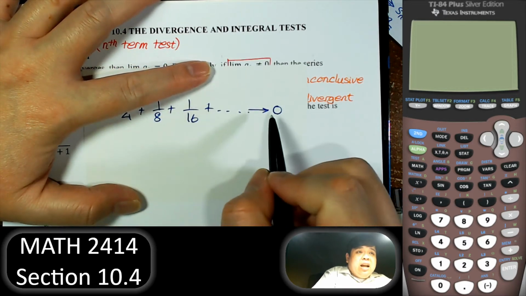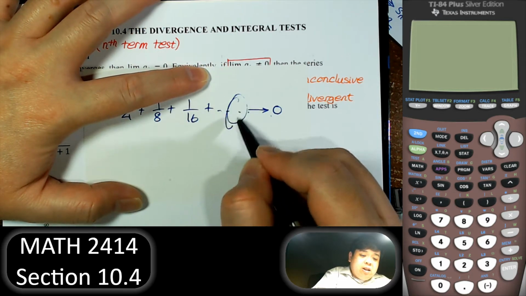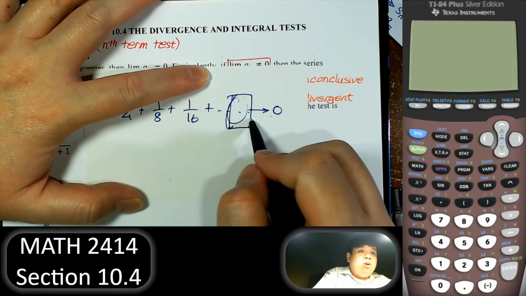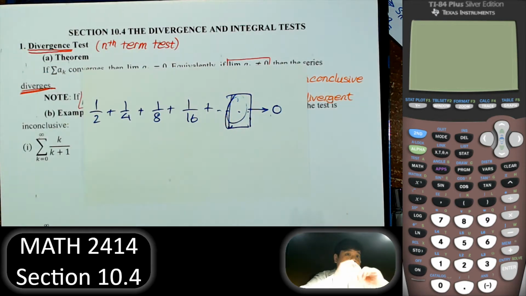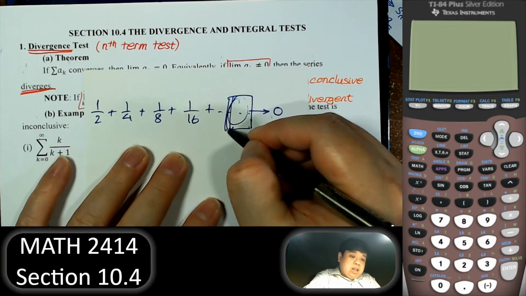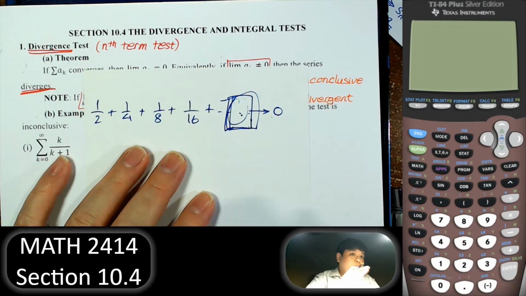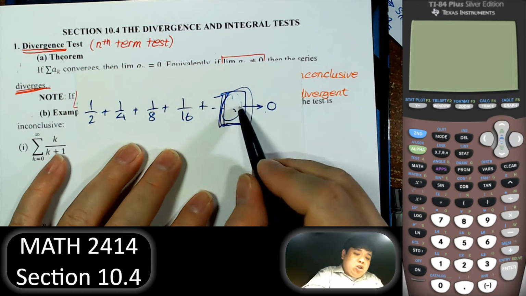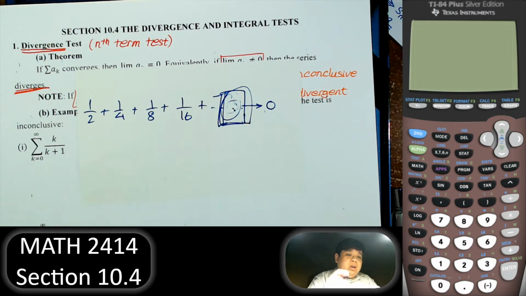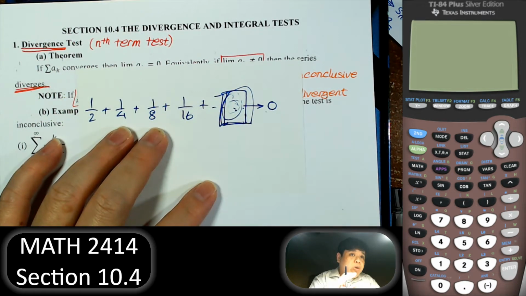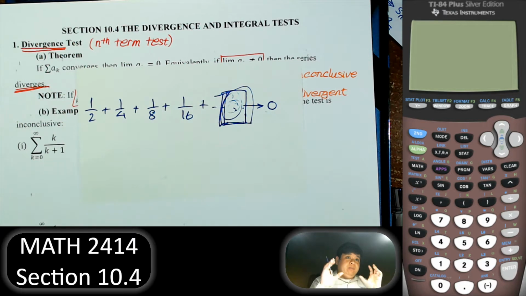If the last term does not go to 0, when we add terms, the sum will keep changing. But if we add something that goes to 0, the sum will not change. So if we want the series to converge, meaning it has a sum that does not keep changing, the last term has to go to 0.